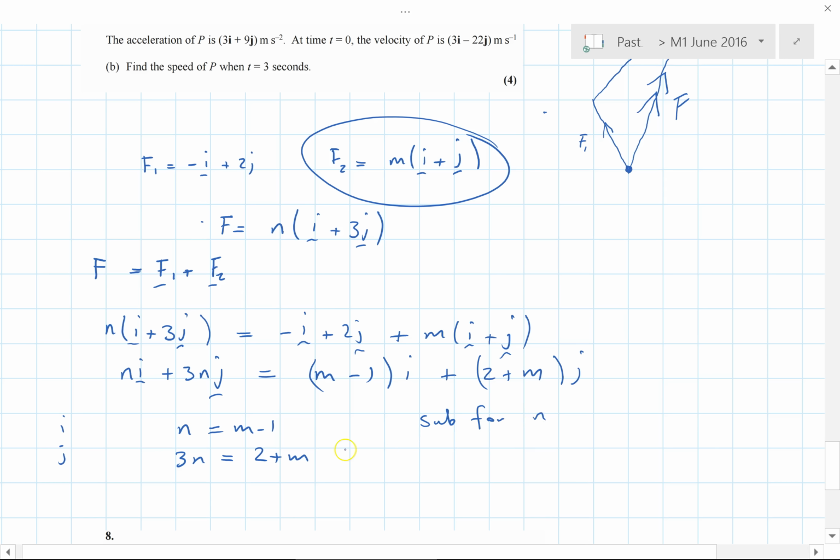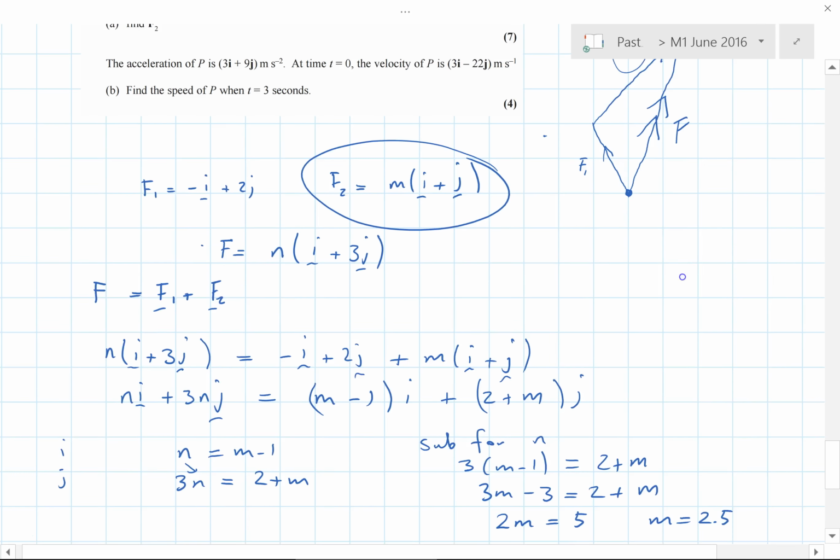So 3 times (m minus 1) is equal to 2 plus m. So 3m minus 3 is equal to 2 plus m. So that gives me 2m is equal to 5, m equals 2.5.